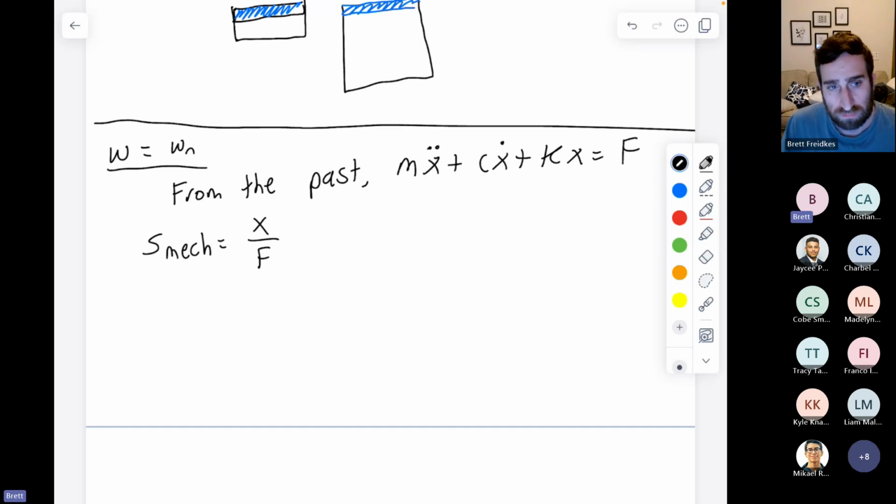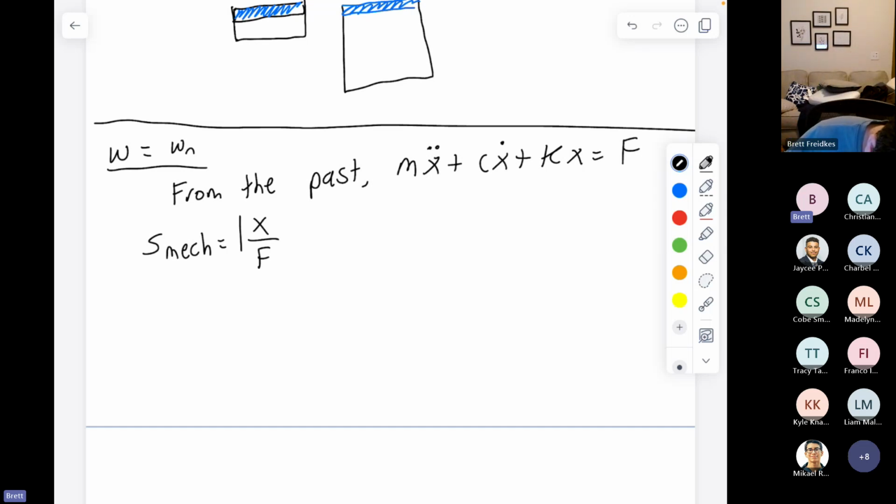What we did last time when we looked at this is we took Laplace transforms, we solved for X of s over F of s, plugged in j omega for s to see what the transfer function was as a function of frequency, then took the magnitude of it.